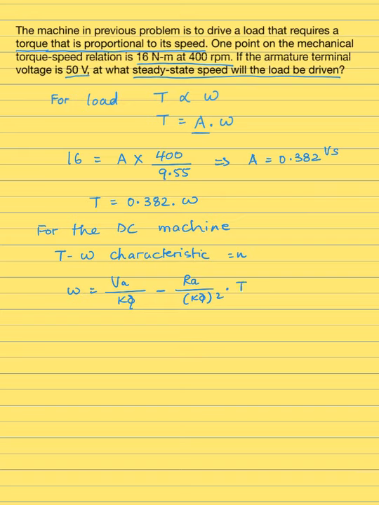We're looking for the steady state speed corresponding to an armature terminal voltage of 50 volts. So omega we need to calculate. VA is given as 50. K phi, since this is related to the previous question, was calculated in the last problem as 0.8. RA was also given as 0.16 in the previous problem, so I'm going to use that as it is, multiplied by the torque.